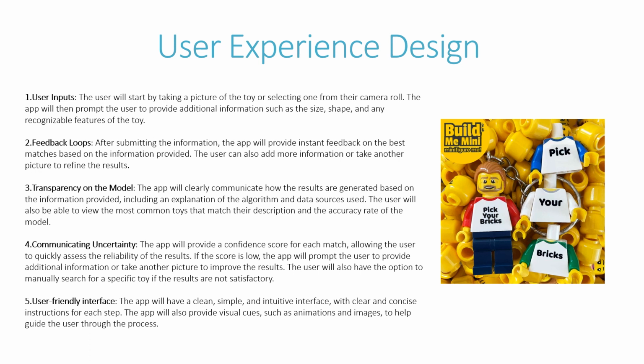Once the picture has been uploaded or taken from the app, the app starts analyzing this input from the user and will show some results, a list of toys that match the criteria for the search that the user has input, and also a rating for the search.